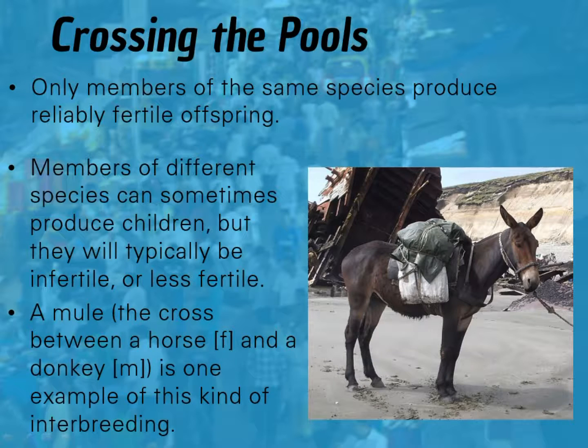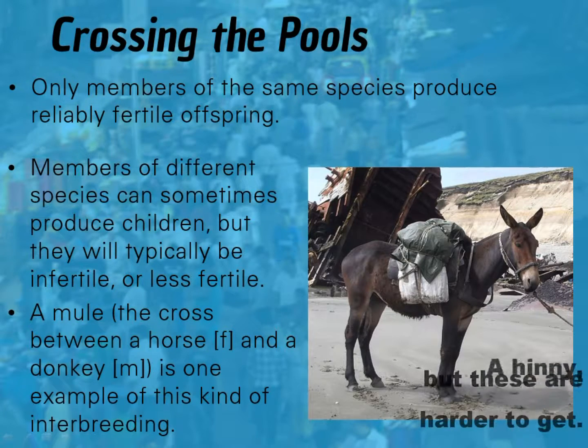So one example of cross-species breeding is a mule. A mule is born when a female horse and a male donkey have children together, and this is one kind of interspecies breeding. There is in fact another name for a male horse breeding with a female donkey.